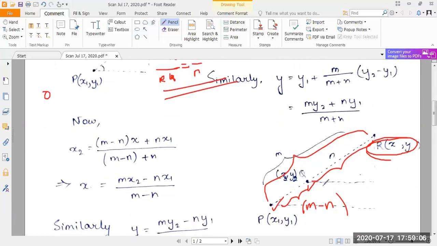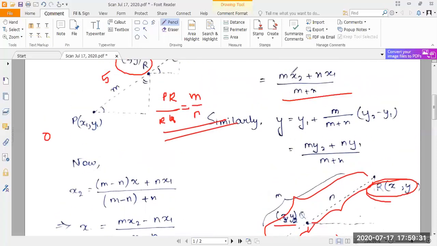So what we have is a point lying in between 2 other points. Q lies in between the 2 points P and R, with coordinates x2, y2, and Q divides the line segment PR internally in the ratio m minus n to n. So we can express x2 using these relations that we had found out earlier.